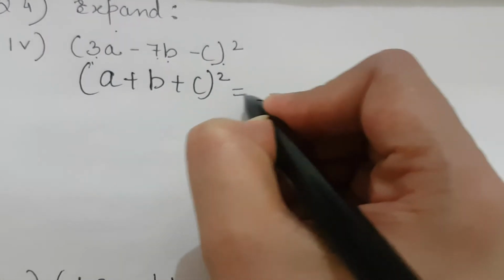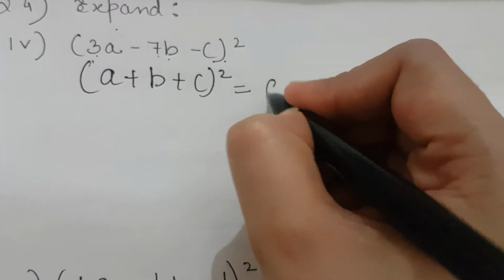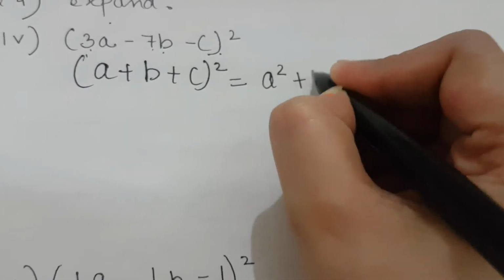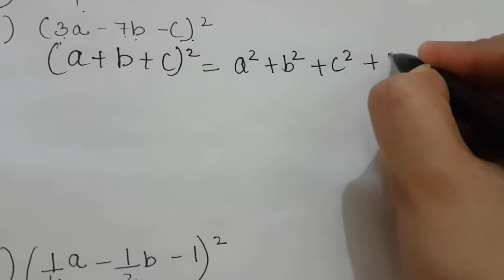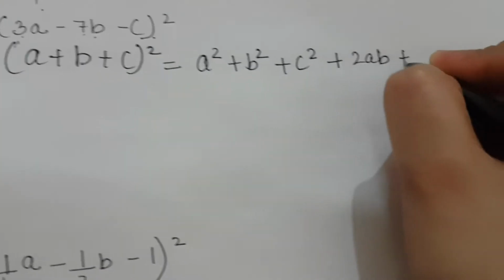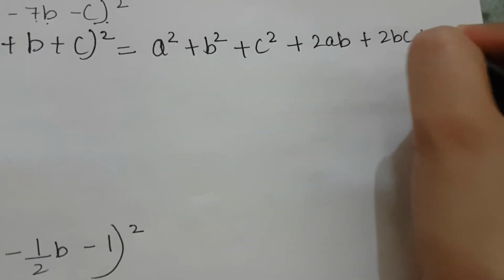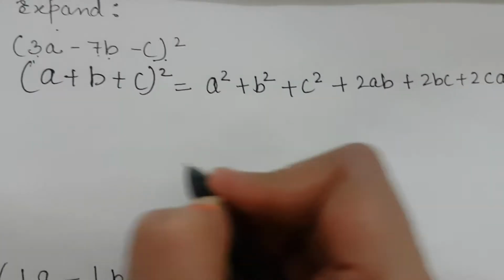So what is the identity? a square plus b square plus c square plus 2ab plus 2bc plus 2ca.